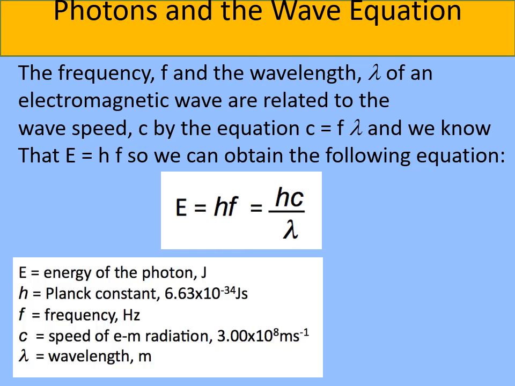And just to be certain, E is the energy of the photon in joules. h again is Planck's constant, which is 6.63 times 10 to the power minus 34 joules second. f is the frequency given in hertz. c is the speed of the electromagnetic radiation, which could be light as well, 3 times 10 to the power 8 meters per second. And lambda is the wavelength given in meters.